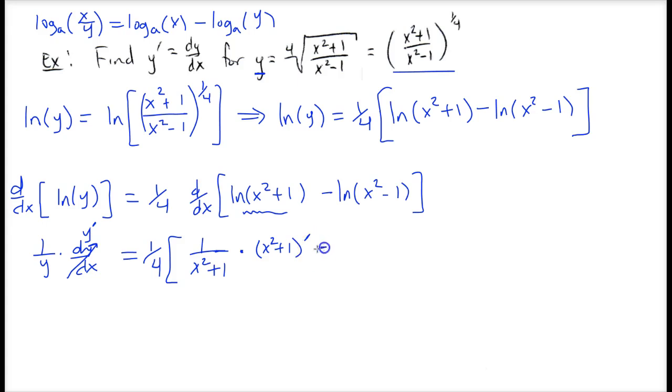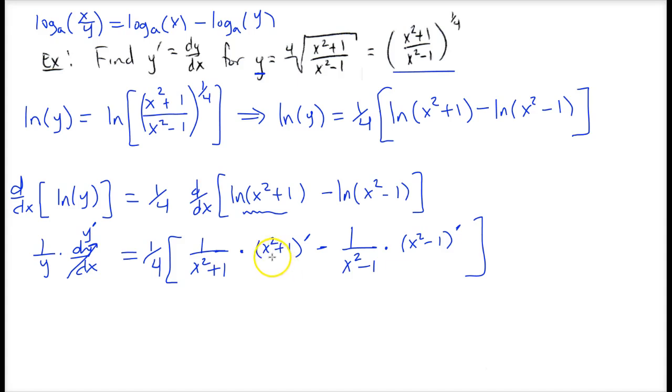Okay? And then we'll repeat the process here for natural log of x squared minus 1. So x squared minus 1 is the blah, so derivative of natural log of blah is just 1 over blah, times derivative of blah with respect to x.